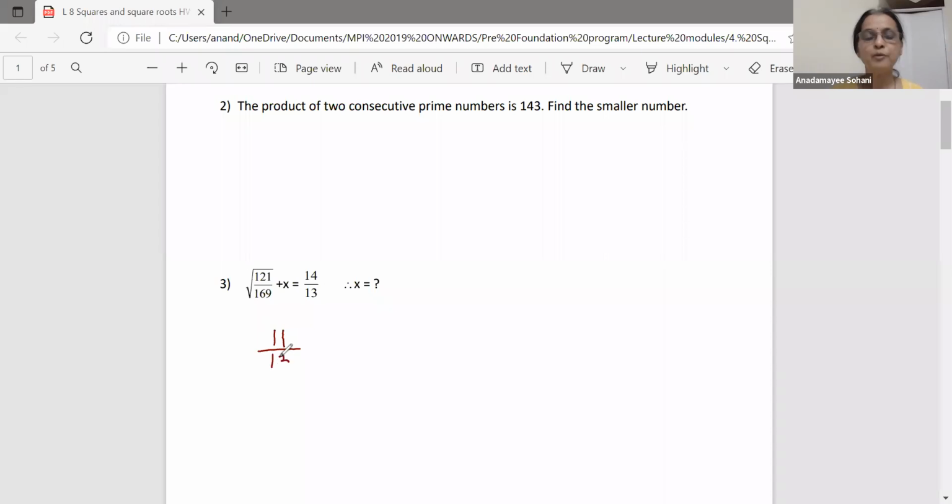So if you know squares, you will know that under root of 121 upon 169 is 11 upon 13. Now see over here, don't try to cancel this out inside. When you see these as complete squares, if these were not complete squares, then maybe we need some cancellation within.